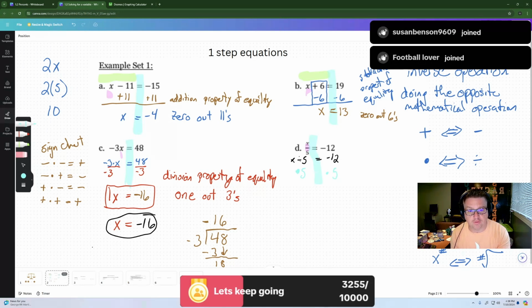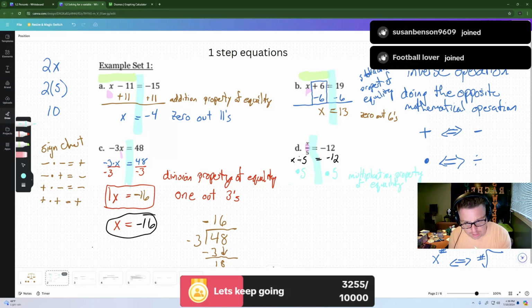And you can put the x there. I try and put a big fat dot to represent multiplication just so that we don't get the x and multiply confused. Now, we did multiplication, and we are doing the property of equality. Okay?